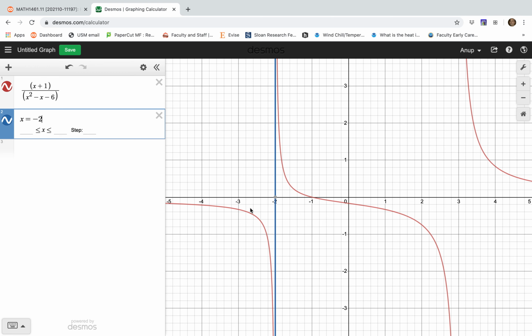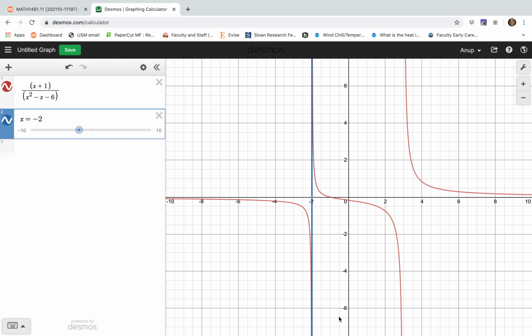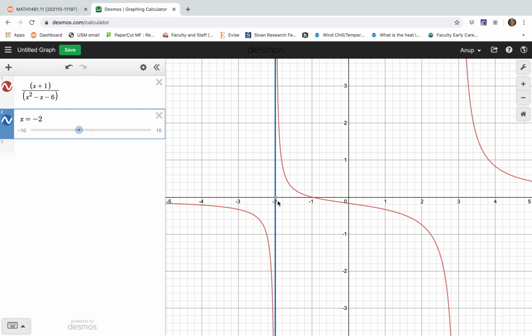You can see here whenever we go closer and closer to that line from the left hand side, this function is just getting smaller and smaller, or it's decreasing without any bound, right? If you zoom out, you can see it's just getting smaller and smaller. At the same time, whenever we go closer and closer to -2 from the right hand side, the curve is just getting larger and larger.